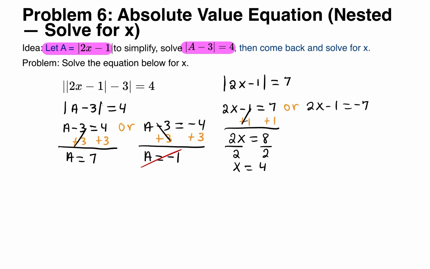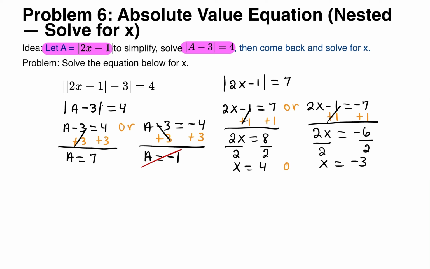Let's do the same with the second case. We'll add 1 to both sides. And that is 2x equals negative 6. Solve for x by dividing by 2. X equals negative 3.